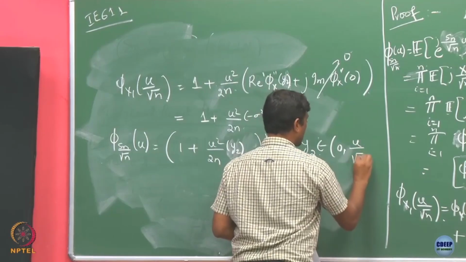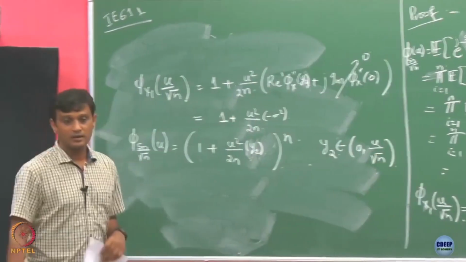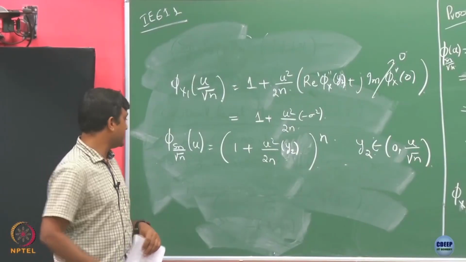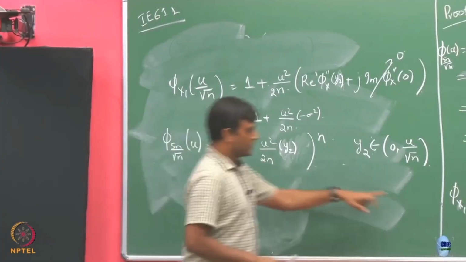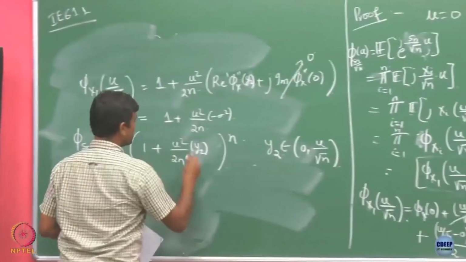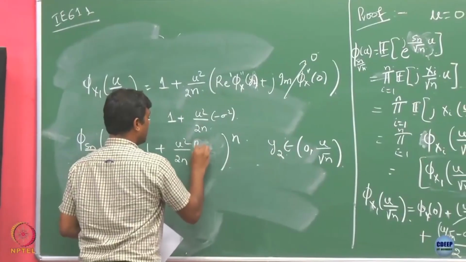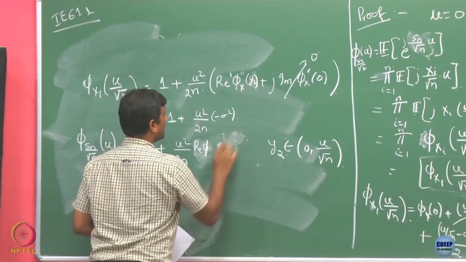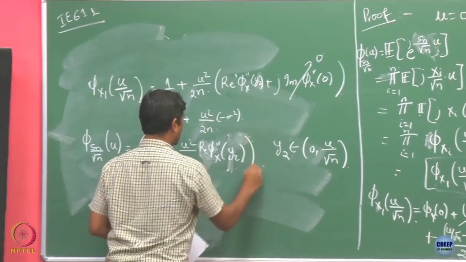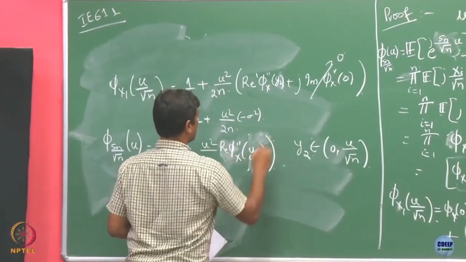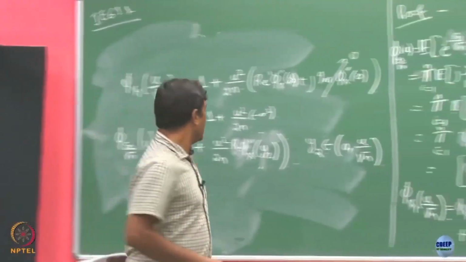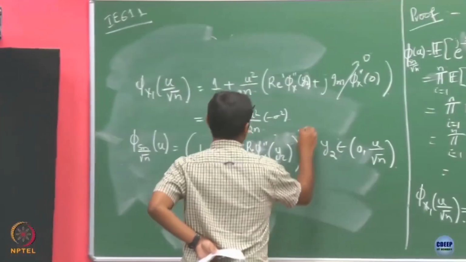It is u divided by n, because that is what we said here, y2 belonging to 0 to u by n, and this is still the real part of phi double prime at y2. And there is a power n here.